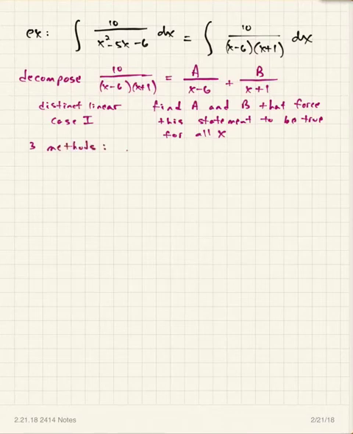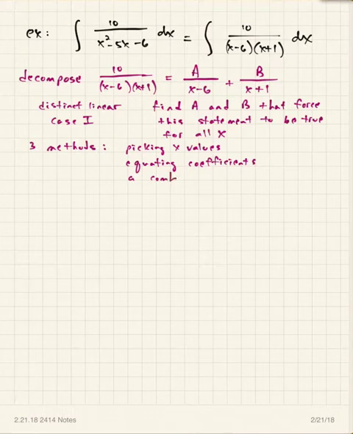One is picking x values, and you'll see what I'm talking about in a minute. One is equating coefficients, and again, we'll do that on this problem also. And then finally, the third technique is a combination of these two. That is frequently suitable in longer problems.